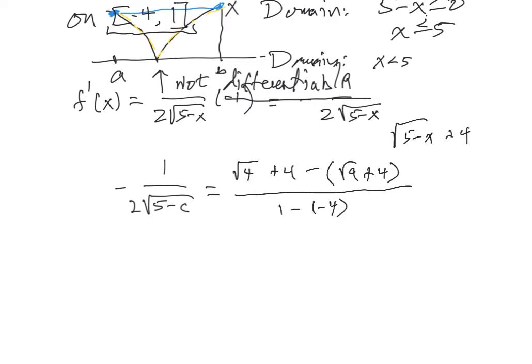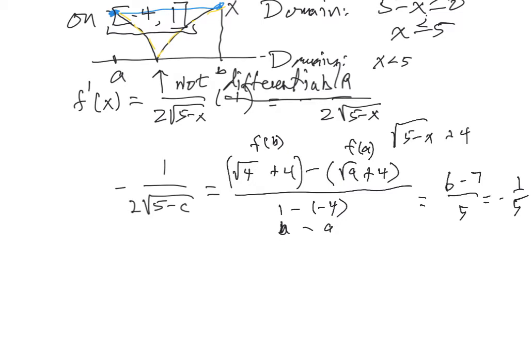So that's the right-hand side: f of b minus f of a divided by b minus a. And simplify that, I get 6 minus 7. All right, square root 4 is 2, plus 4 is 6. Square root 9 is 3, plus 4 is 7. 6 minus 7 over 5. So the slope of the so-called secant line is negative 1/5.